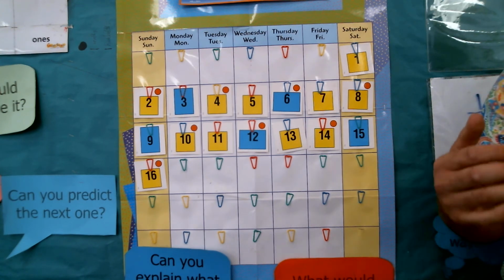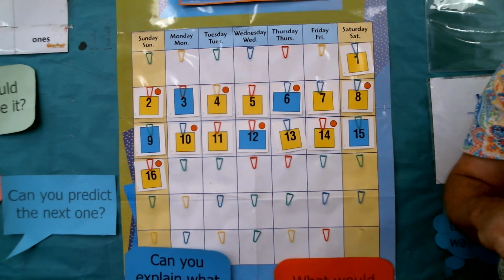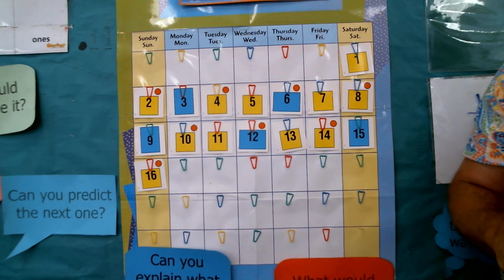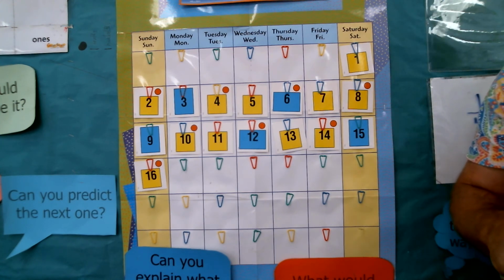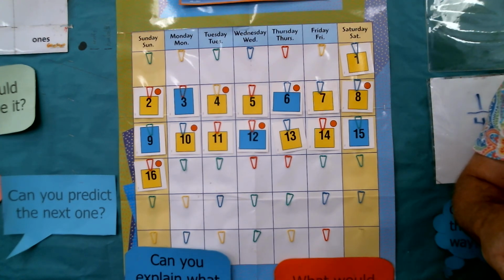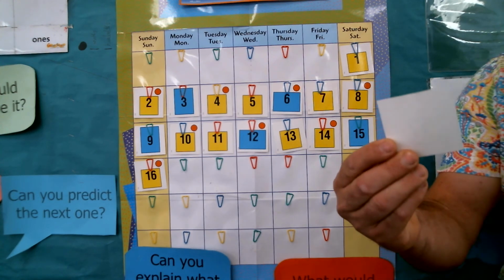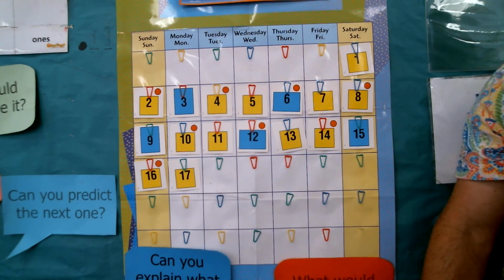If you see that 17 is unique in some way, look at another number on calendar math that has similar characteristics to 17. Do you notice anything? So make your prediction. Ready? Is that what you guys thought?